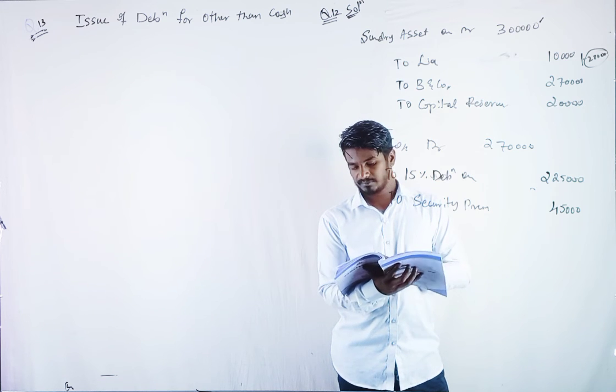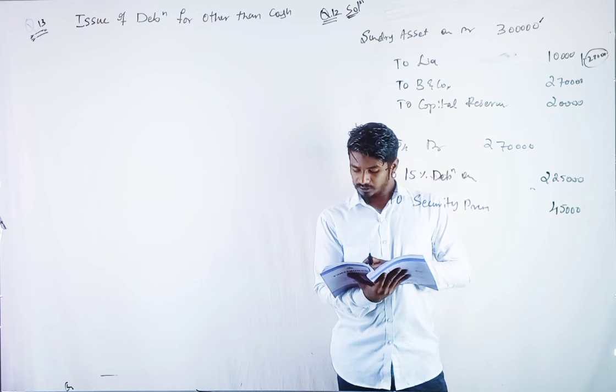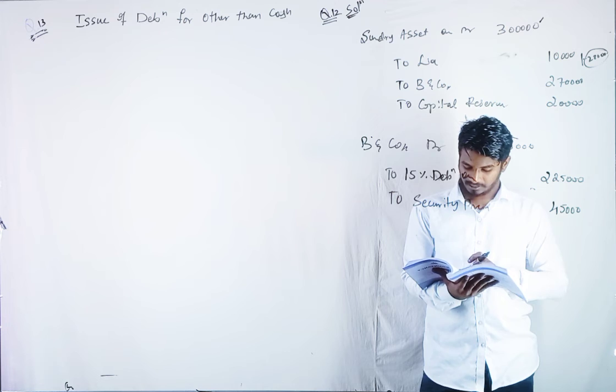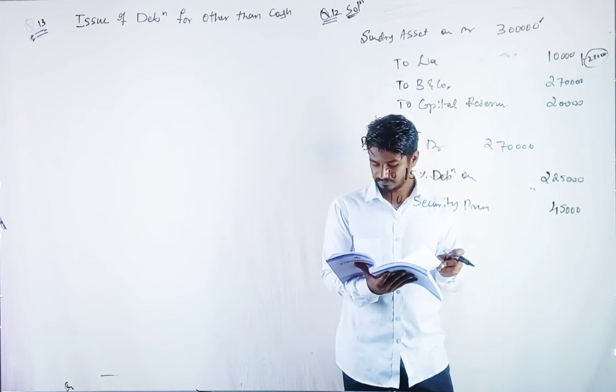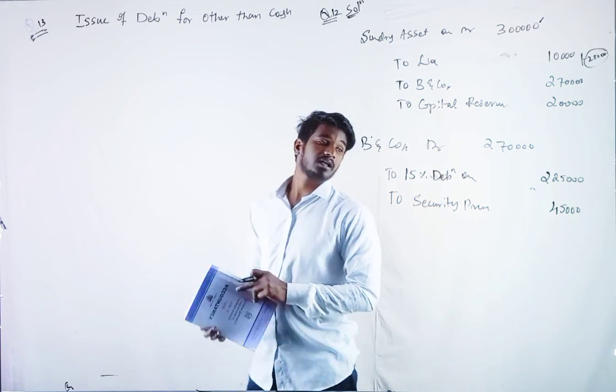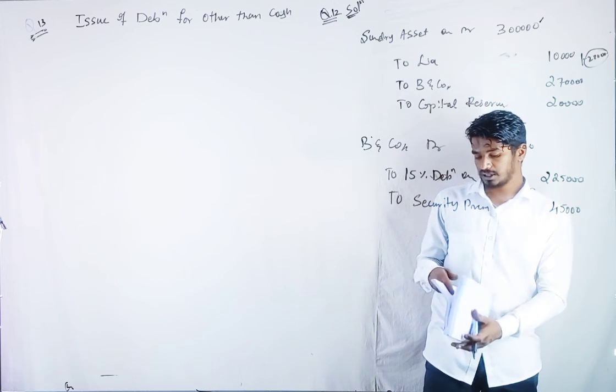This is the same as the three cases we did. I think it's very easy. The 13th question is similar to what we have done now, so you can do it yourself.